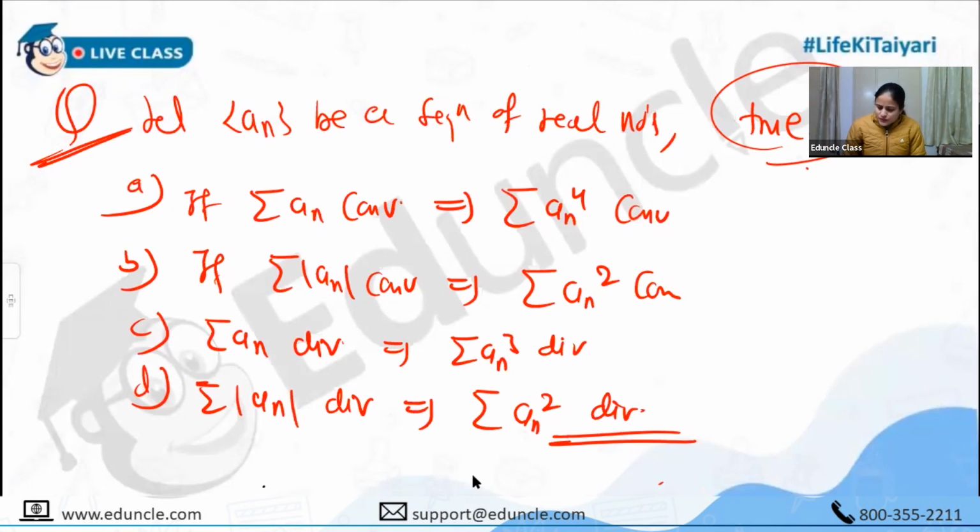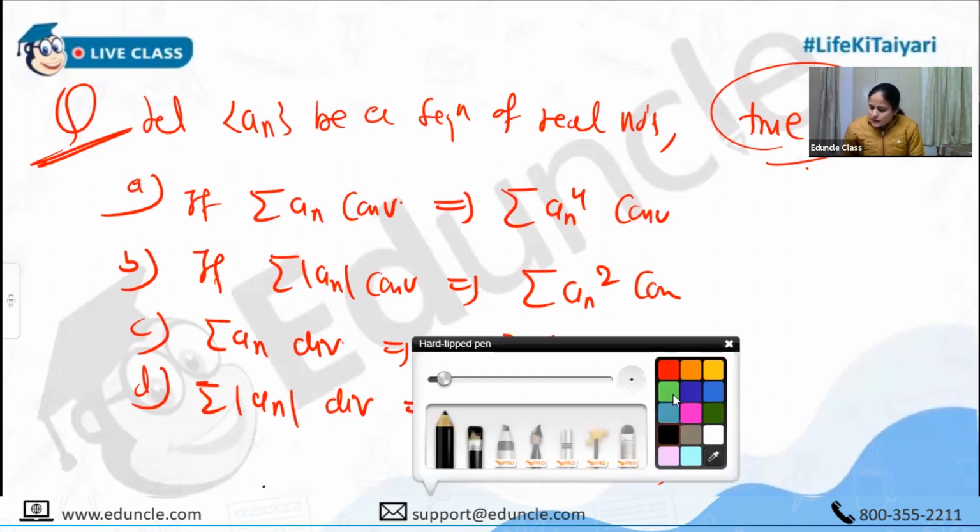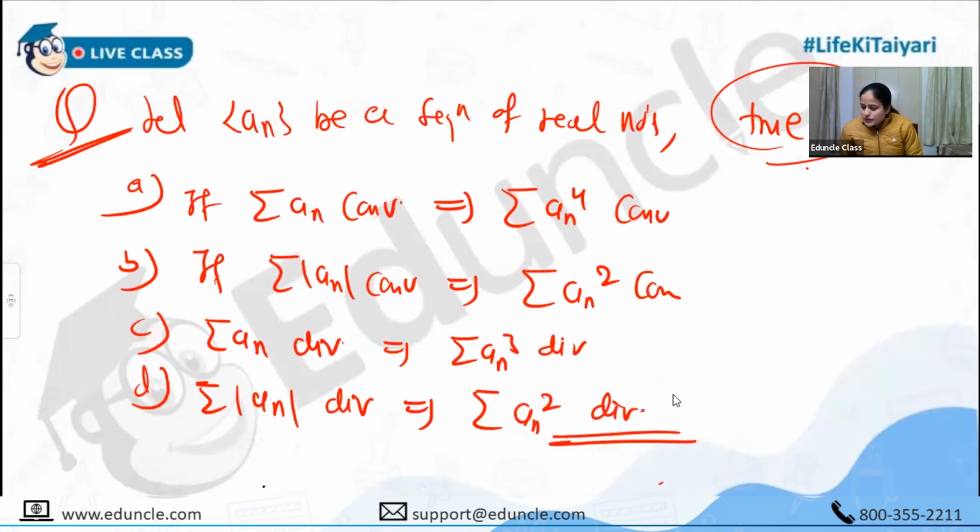Not yet? Okay, who's answering by the way? Confused between A and B. Okay, as I told you, whenever we have such kind of questions, we can apply our simple tests also, ratio and root test, but here there is no need for that. So consider a simple example.